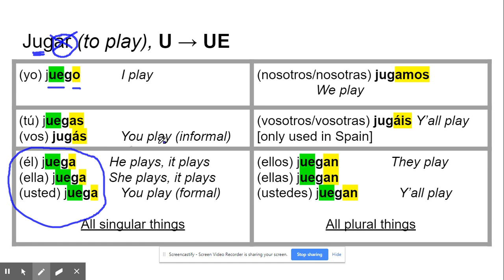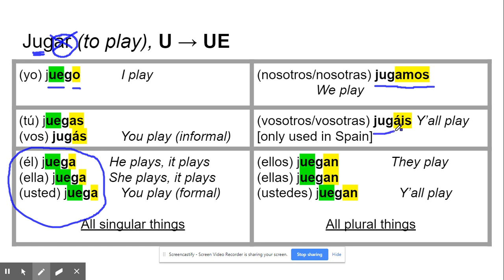Over to nosotros and nosotras form, we have the verb jugamos. And jugamos does not have a stem change because there's never a stem change in nosotros or nosotras form. We just have a regular verb conjugation with the AMOS ending since it's an AR verb conjugated to nosotros. Same thing with vosotros and vosotras form.